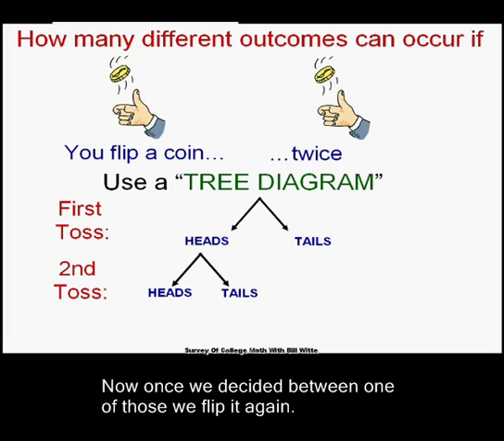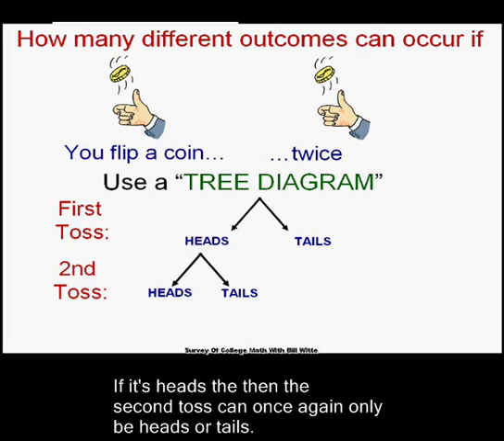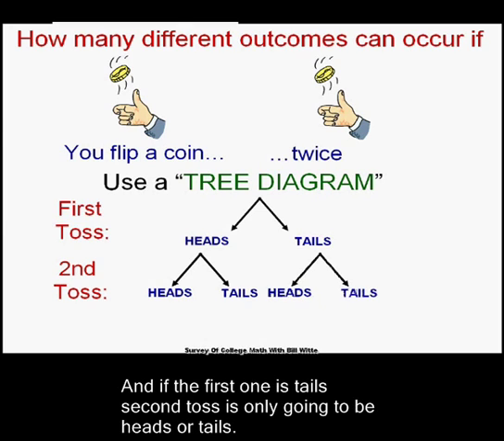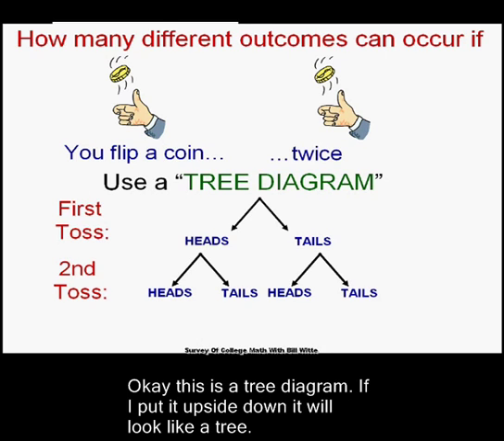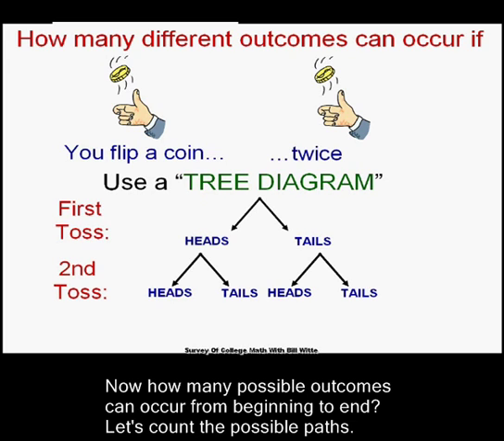If the first one's heads, then the second toss is either going to be heads or tails. And if the first one's tails, the second toss is either going to be heads or tails. This is the idea of a tree diagram. If I put it upside down, it'll look like a tree. Now, how many possible outcomes can occur from beginning to end?